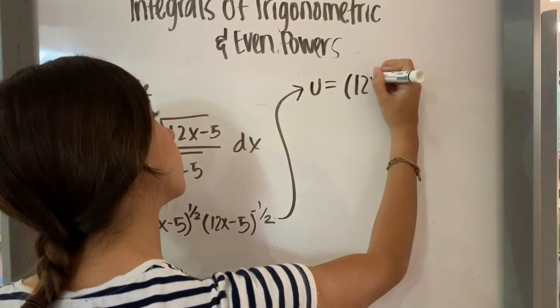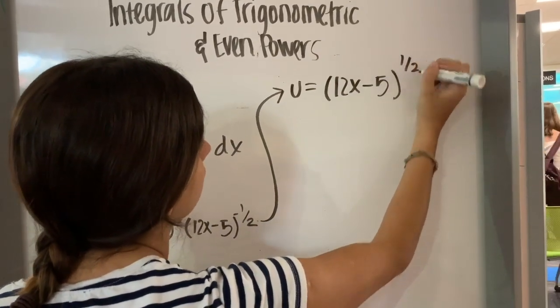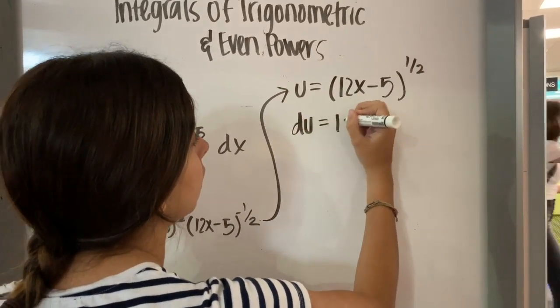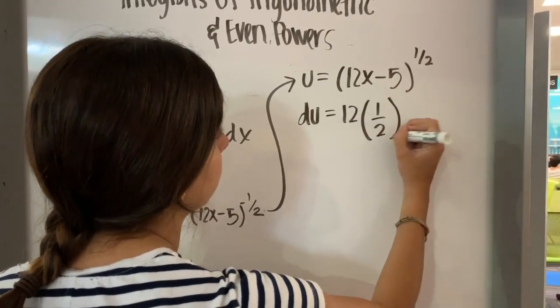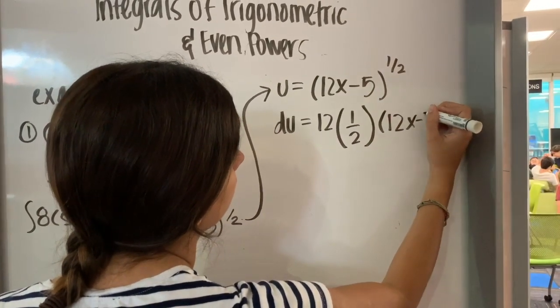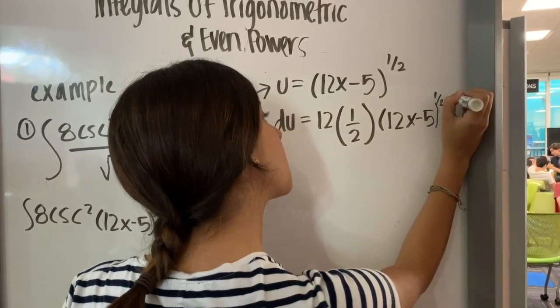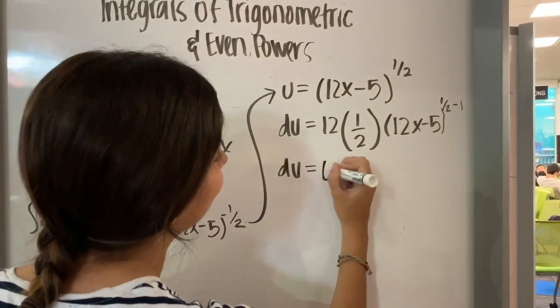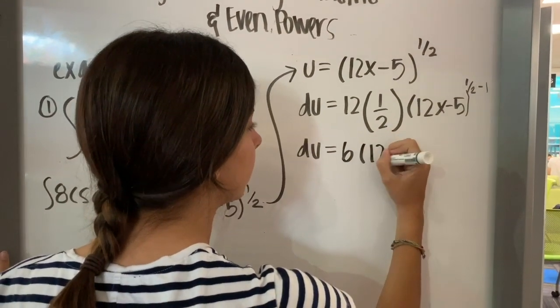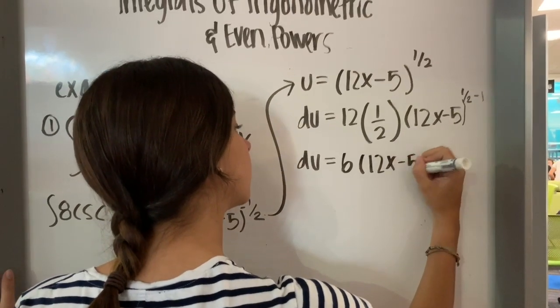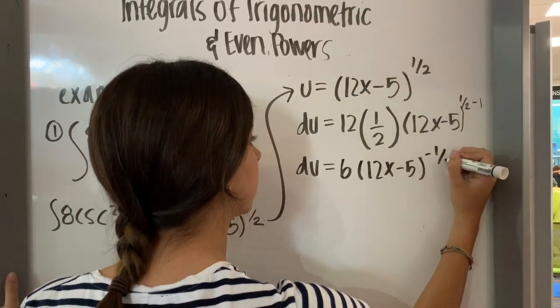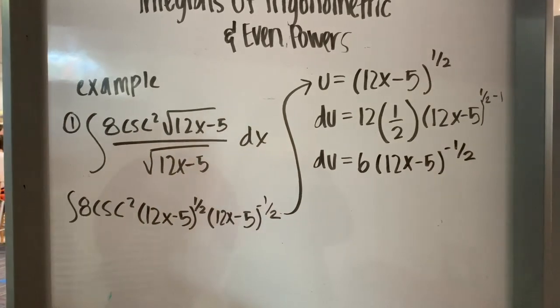The u is 12x minus 5 to the power of 1/2. The u prime would be, we will multiply the power and the u prime inside the parentheses to the 1/2 minus 1. So now we will simplify. It will be 6 open parentheses 12x minus 5 close parentheses to the power of negative 1/2.